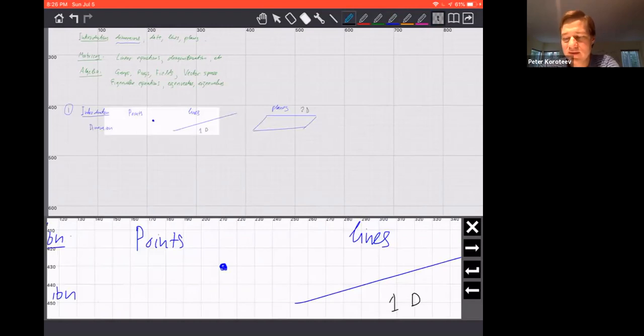How many dimensions are in the point? What do you think? One? Well, a line is one-dimensional. So what do you think of a point?